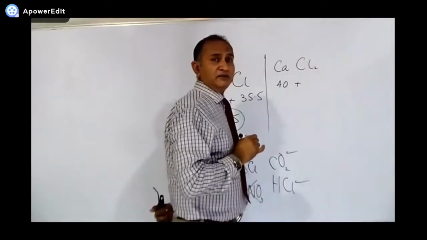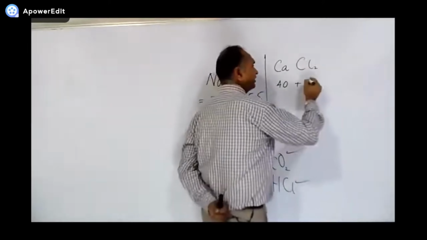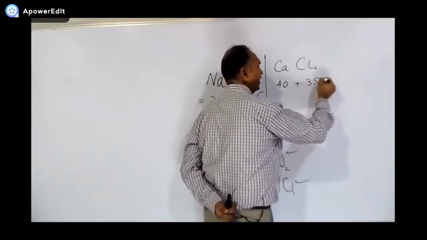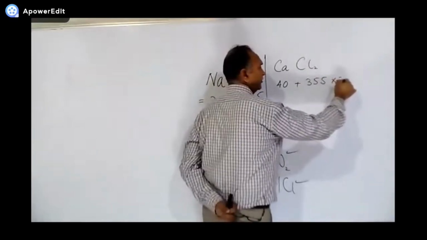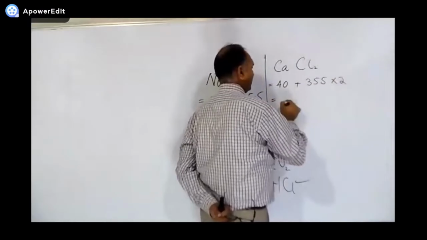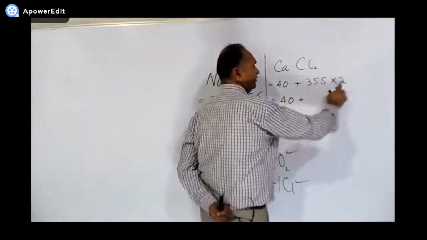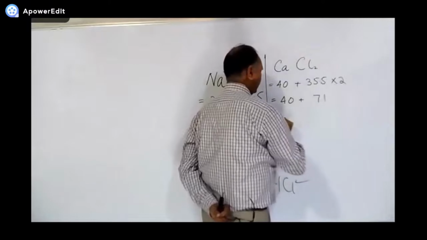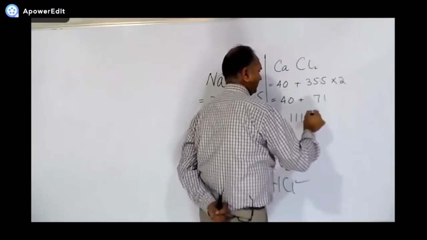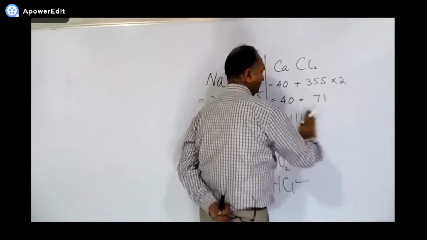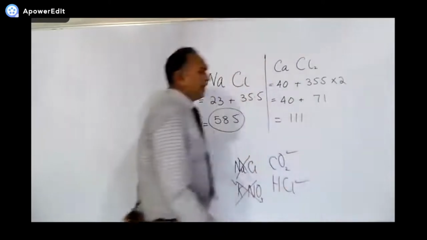Who remembers? Good. 35.5. How many chlorines? What is the subscript here? 2. 40. When you multiply these two, you will get 71.